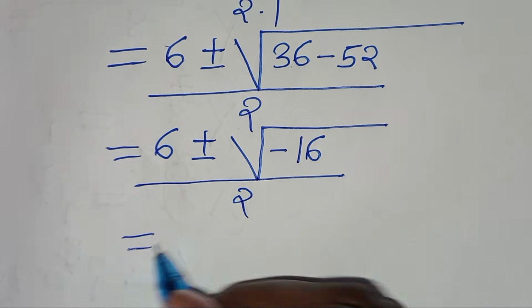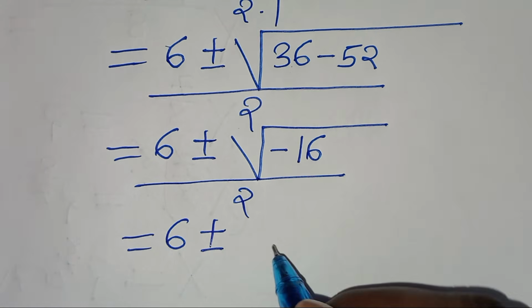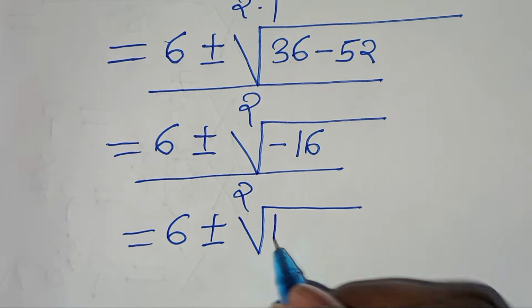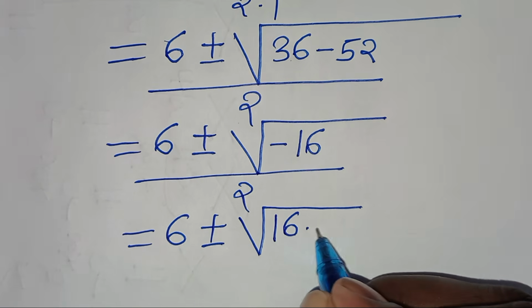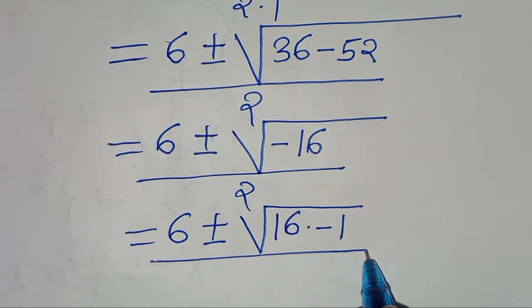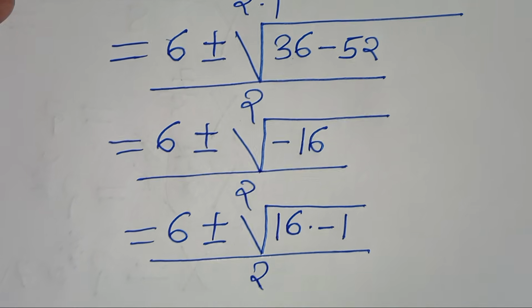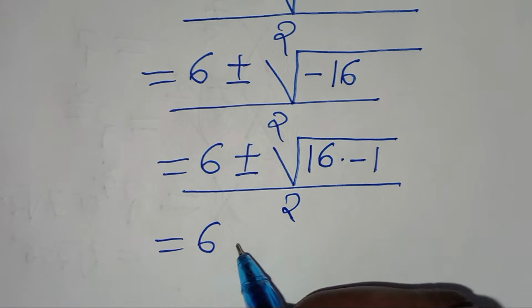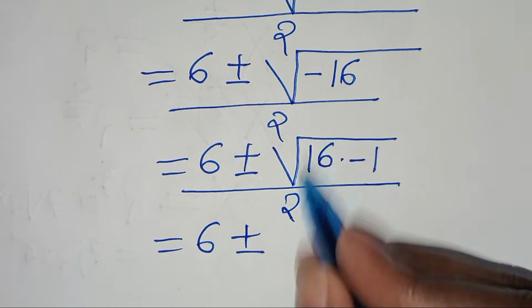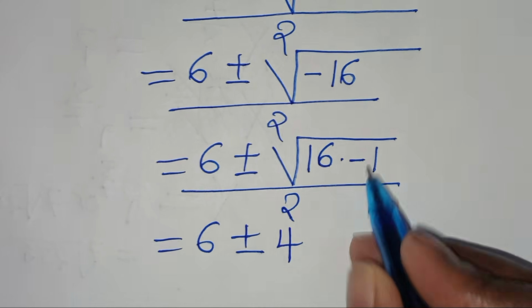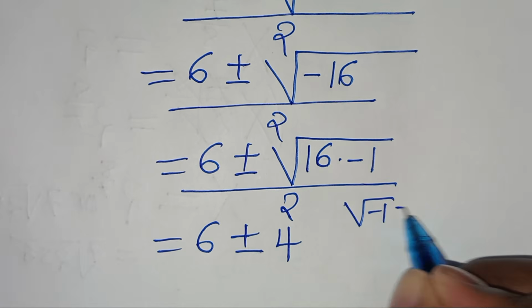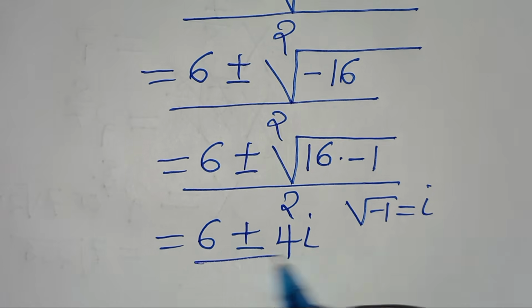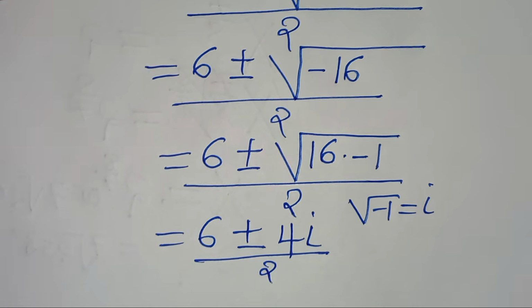Now this means we have 6 plus or minus the square root of minus 16, which is the same thing as 16 times minus 1, everything divided by 2. So this is equal to 6 plus or minus the square root of 16, which is 4, times the square root of minus 1, which is equal to i, so we have 4i, divided by 2.